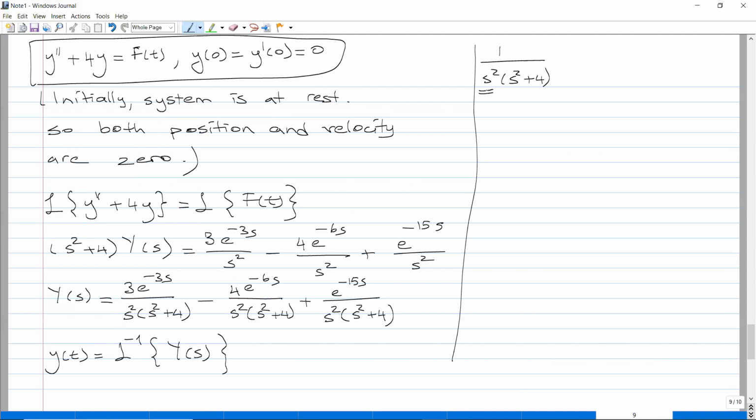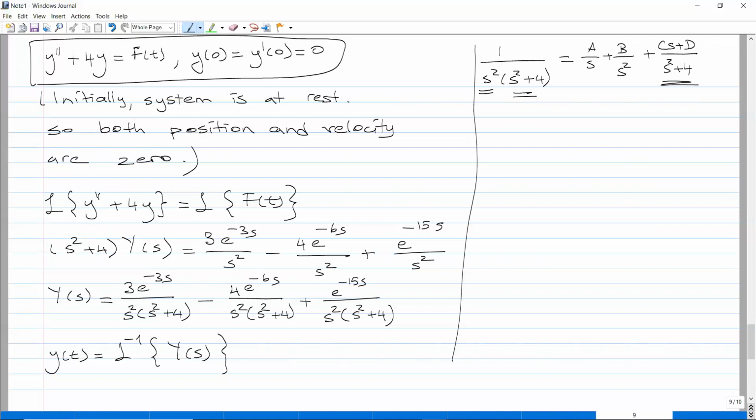For s squared, we have the same linear factor s repeated twice, so we take A over s plus B over s squared. And the factor s squared plus 4 is second degree, so in the numerator we may have a first degree polynomial, Cs plus D. We cannot take the easy way out here to find A, B, C, D, because the factor s squared plus 4 is not linear.